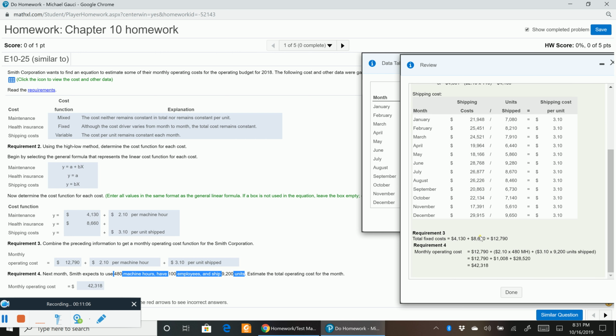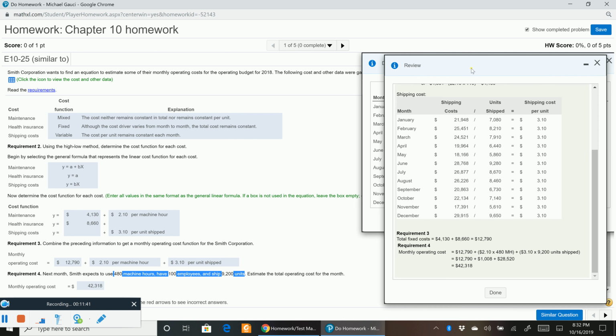If we do the math and use our formula, this will equal the total fixed cost of $12,790 plus two variable costs: $2.10 per machine hour for an estimated 480 machine hours, plus $3.10 for an estimated 9,200 units shipped. If you do the math, $42,318 is our monthly operating cost in this what-if scenario.